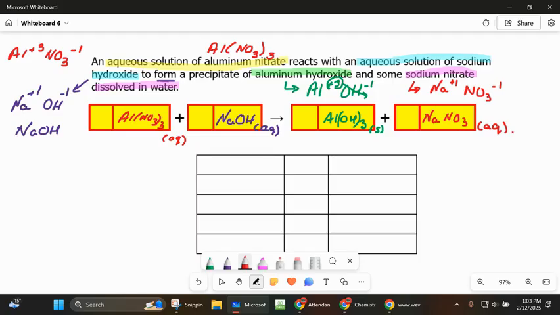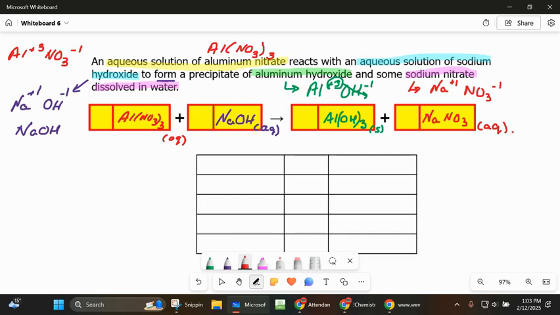Sodium is now with the NO3. Aluminum is now with the OH. That is a double replacement reaction, ladies and gentlemen. 2 things are going to switch places with each other. You're going to create 2 new compounds. Okay? This is the key to this reaction. We find what is called a precipitate.